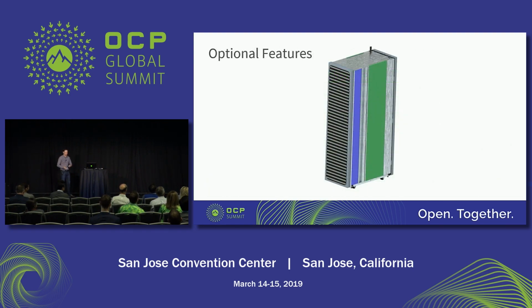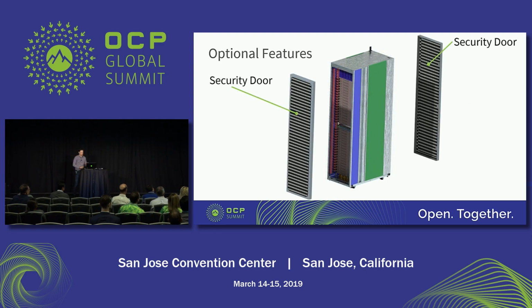So we can look at some of the features I just talked about real quick. This is a rendering of what OpenRack V3 might look like. These are the security doors. Again, these are different features that are not part of the main welded frame, which gives the community the ability to customize the variation of OpenRack that works well for them.